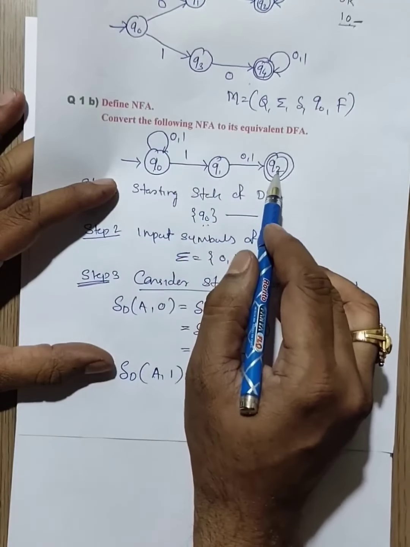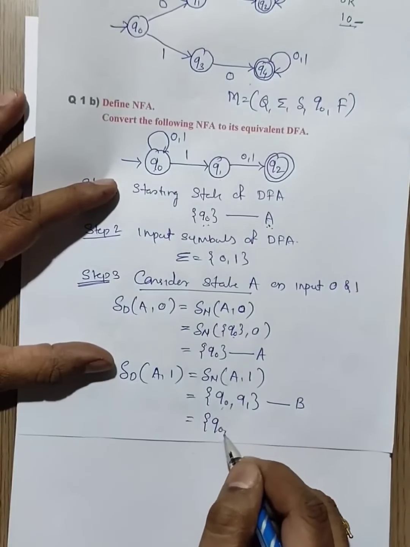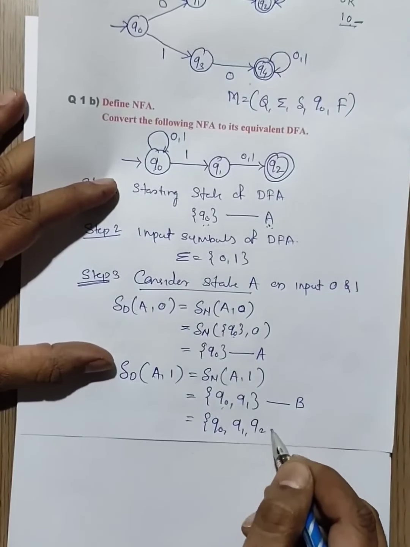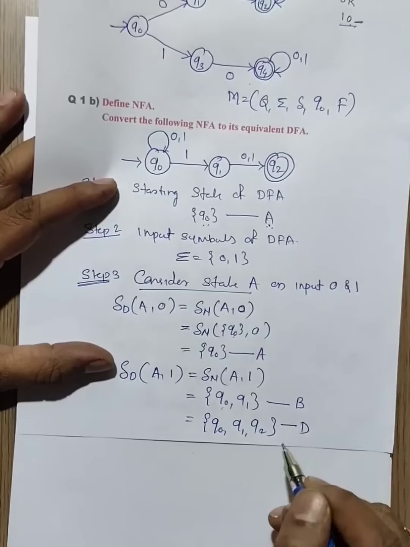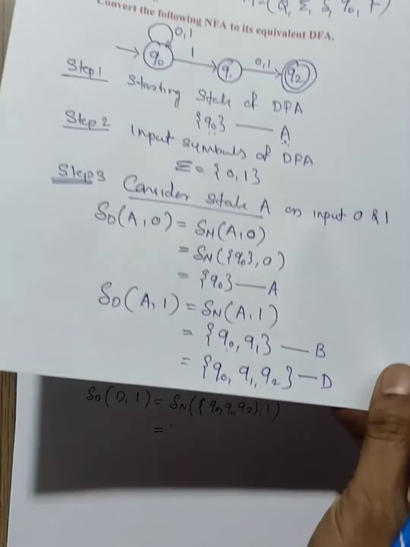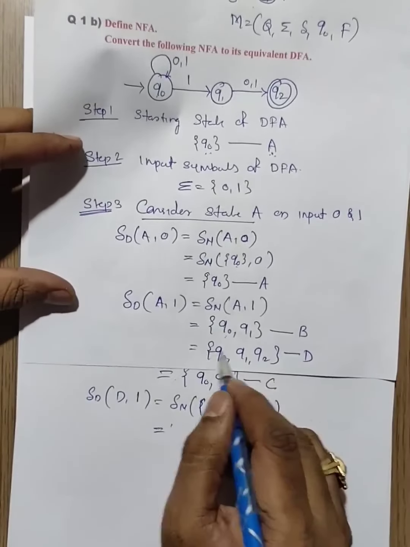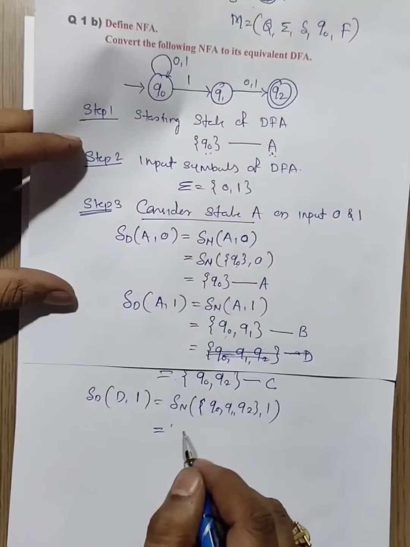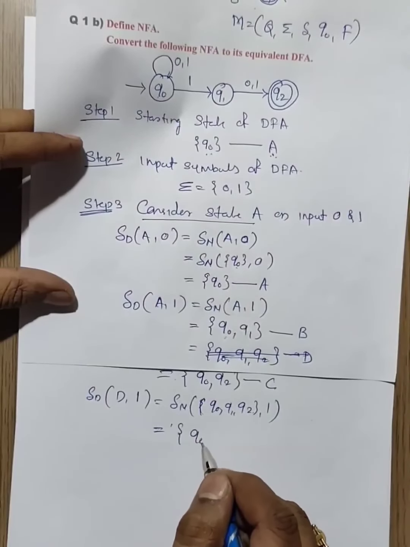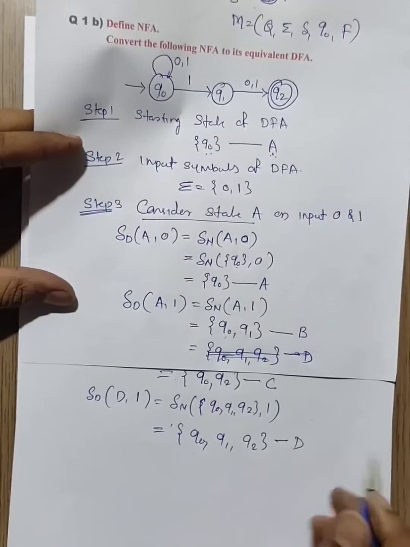Q1 on 1 gives Q2. Q2 on 1 gives nothing. Means here Q0, Q1 and Q2. This is D.